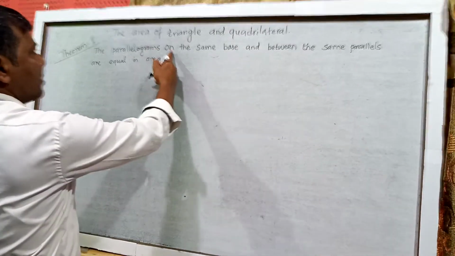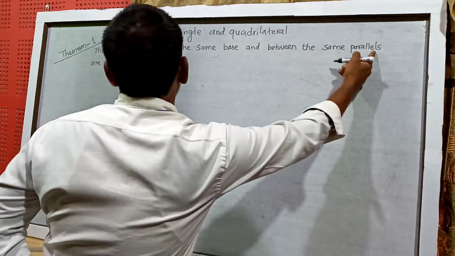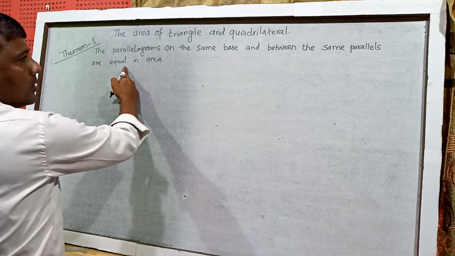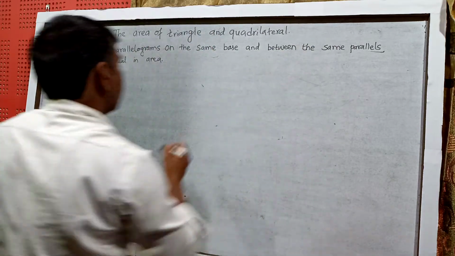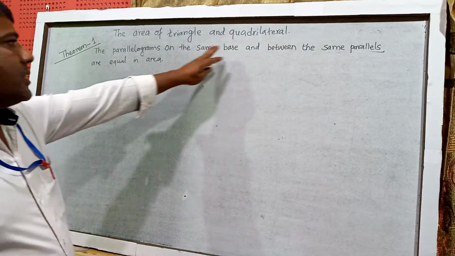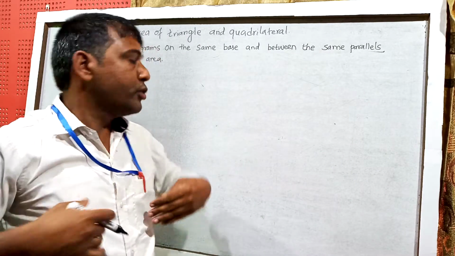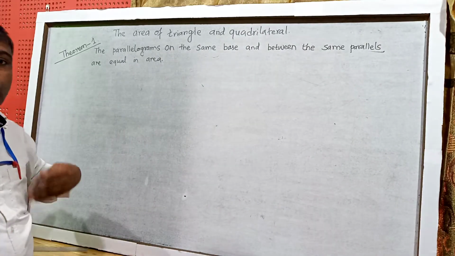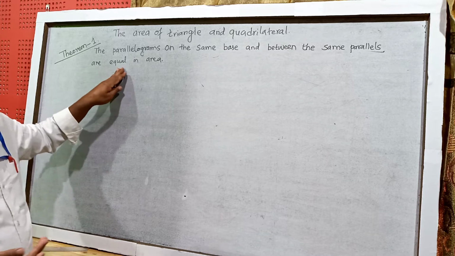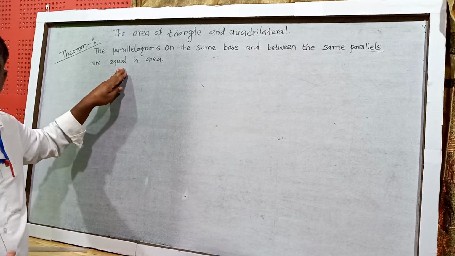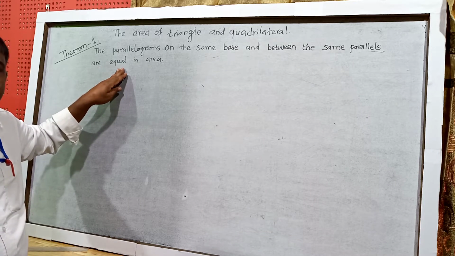Up to here it is given. We should prove, or show, that their areas are equal.